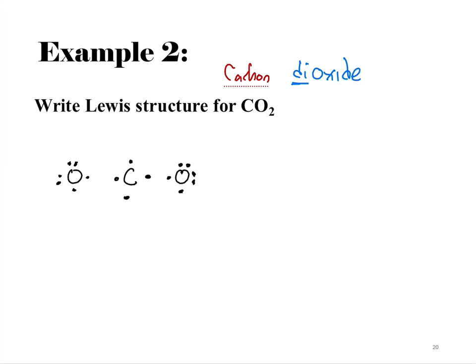Connect the outer atoms to the central atom, which means that each one is going to donate 1 electron to a bond between them. All right, so I'm going to connect them. I get oxygen, carbon, oxygen, then 2 electrons there. So once I've connected my outer and my central atoms, what do I need to check?